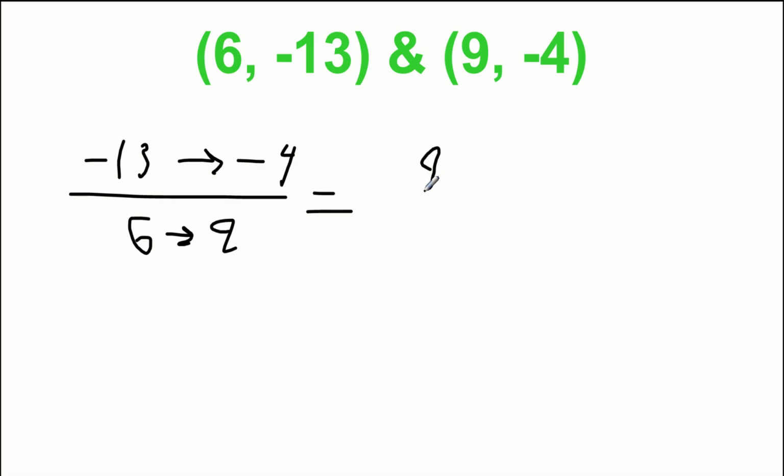So that's a 9. Are we going up or down to go from -13 to -4? Is that increasing or decreasing? Increasing, so that's a positive 9. We're getting closer to 0, getting closer to the positive numbers. From 6 to 9, how far is that? 3. And that's obviously, or hopefully obviously, going up. What's 9 over 3?